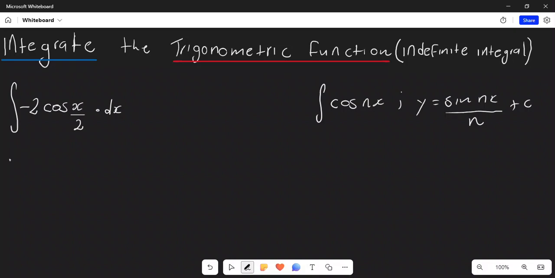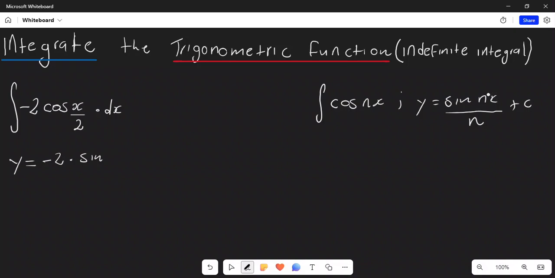Now y is equal to, this is a quotient. Do not forget, this negative 2 is a coefficient of a trigonometric function, so you're going to write it as negative 2. Then multiply by, let's change the trigonometric ratio from cos to sine. So this is going to be sine, right?